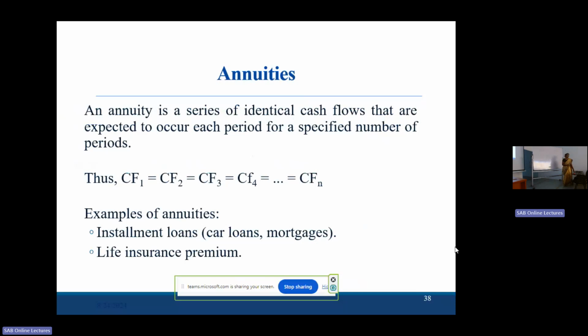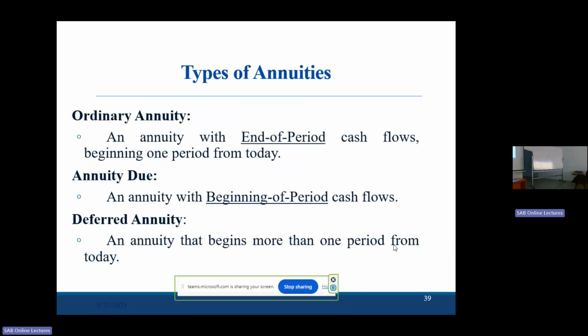So these are multiple uneven cash flows. In practical work you can identify annuities. There are so many examples. An annuity is a series of identical cash flows that are expected to occur each period for a specific number of periods. They are identical. That is the difference.